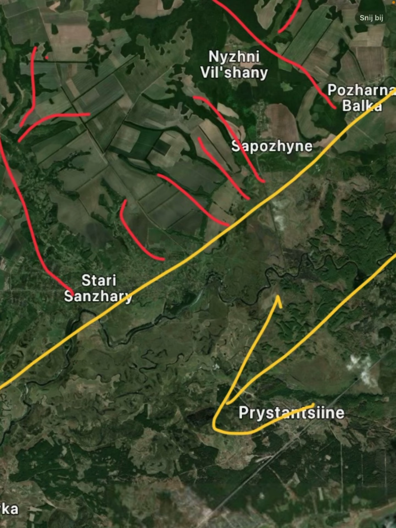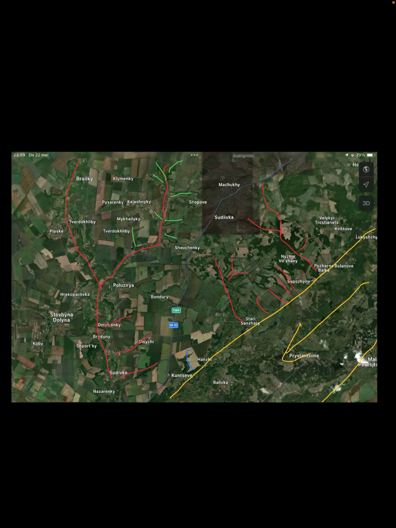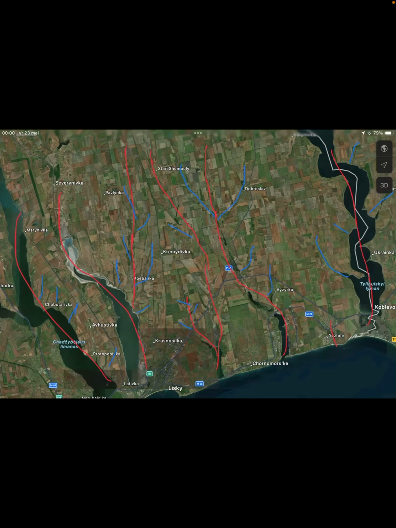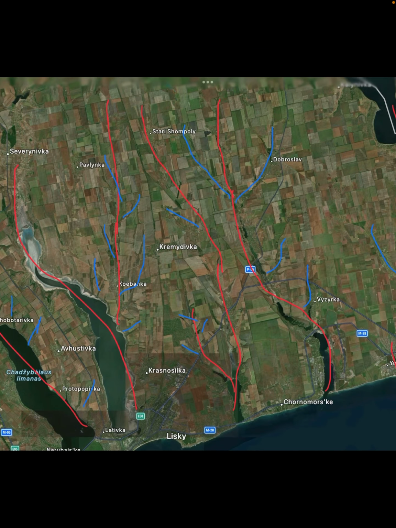You're not going to build a village where there's a high chance of water damage, like overflowing water. As you can see here, even in these swampy areas, there's villages.